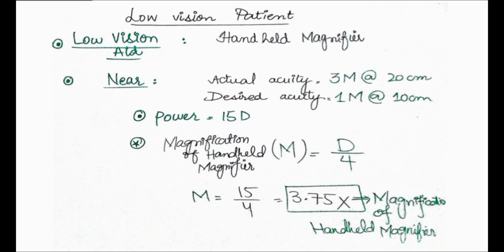So this means that for the magnification of the handheld magnifier we did all the previous procedures, and the magnification of the handheld magnifier should be 3.75x. The handheld magnifier should enlarge or magnify the image 3.75 times in order to help the patient see the near target easily.